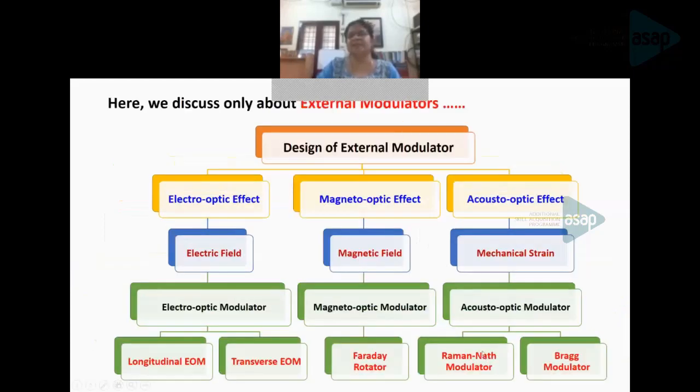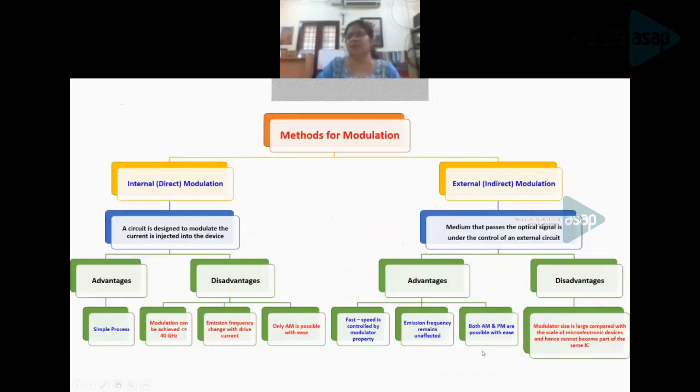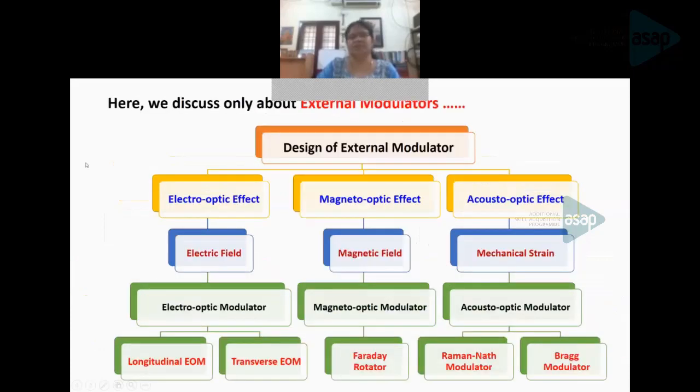In this talk and in your syllabus, we are discussing only external modulators. We are not discussing internal modulators. There are three different designs for external modulators: one based on the electro-optic effect, the second on the magneto-optic effect, and the third on the acousto-optic effect.